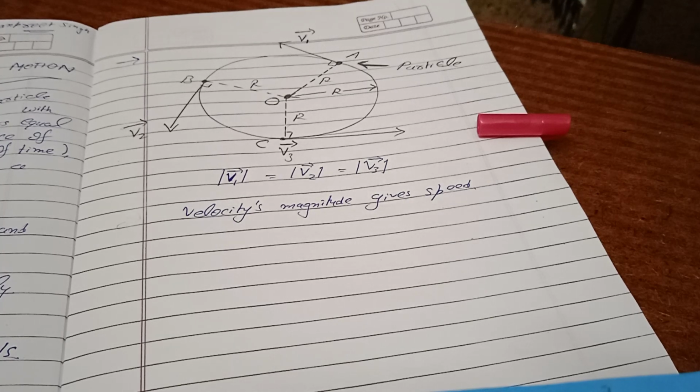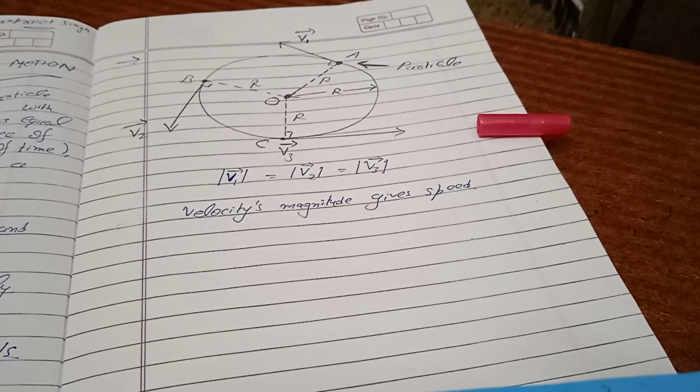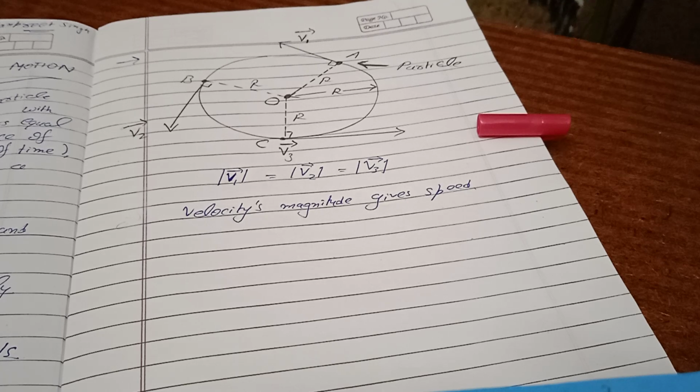Now we shall move forward to study some terminologies of circular motion, and now we will proceed to end the lecture also. In the next video we will understand centripetal acceleration, which is very important, and its derivation also.